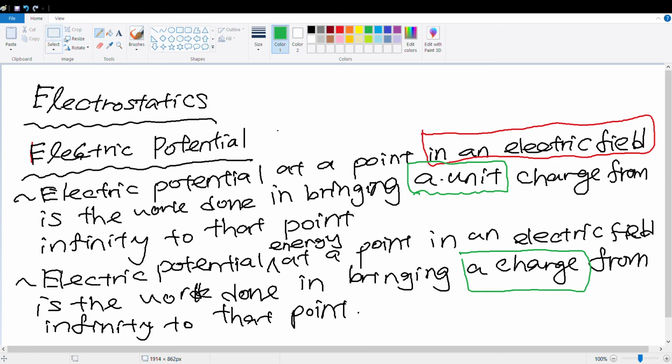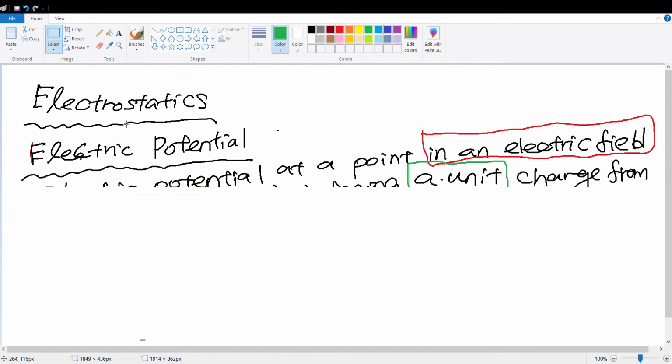Okay, in terms of formula, let me erase this one first.